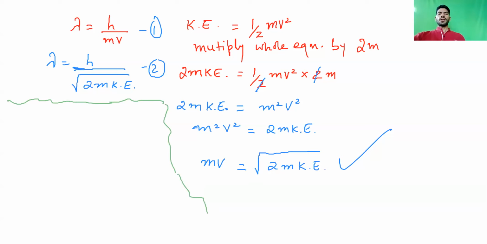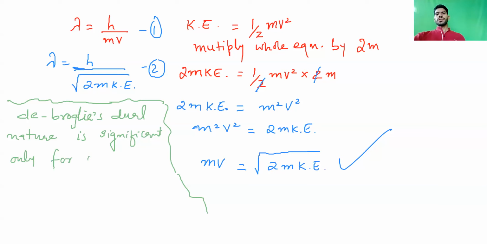So you will write here: de Broglie's dual nature is significant only for microscopic particles, that means which are very, very small. They will actually have the wave nature. The big particles do not have any wave nature.